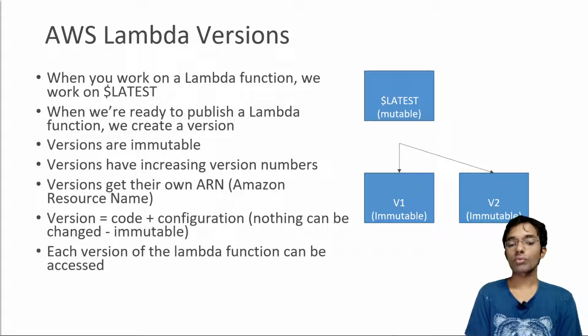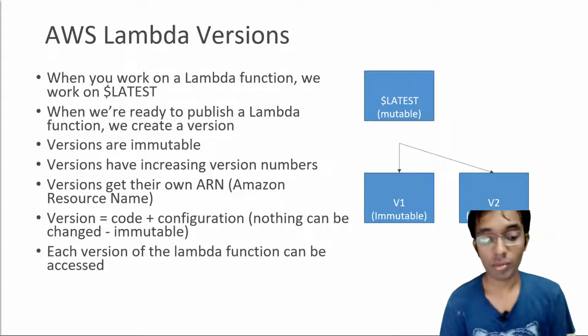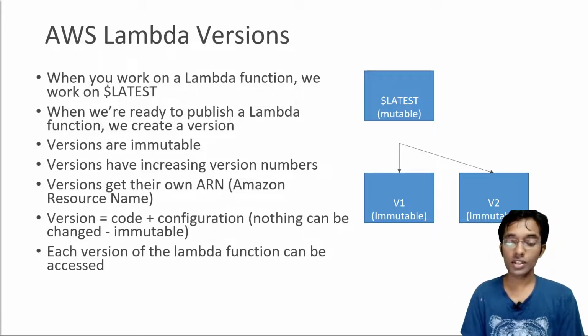So v1, for example, is the first version you would create, and it would be immutable. That means you cannot modify it. Any version is immutable. As soon as you publish a Lambda function, it's set in stone, this is how it will be published.